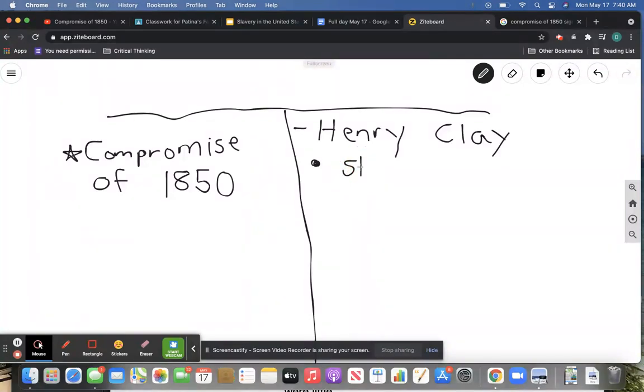states, specifically new states, ones that we just won in the Mexican-American War, like California, could vote on whether or not they wanted to have slaves.